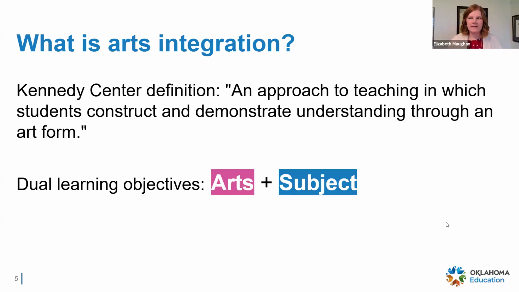Okay, so what is arts integration? The Kennedy Center, their education wing has a big focus on arts integration, and their definition is an approach to teaching in which students construct and demonstrate understanding through an art form. So the learning objectives are together on the same playing field. You have the arts plus a subject area.